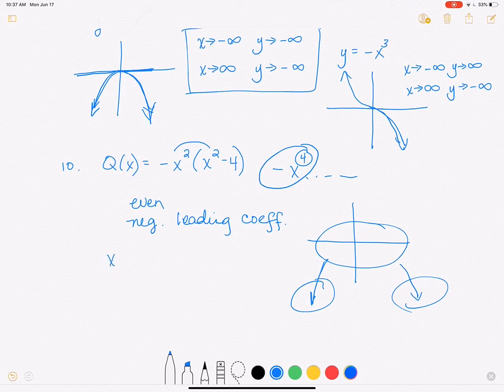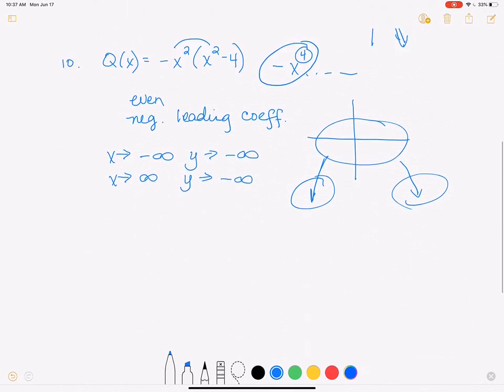As x goes to negative infinity, y is going to negative infinity. As x goes to positive infinity, y is going to negative infinity. I knew that based on the degree being even and the leading coefficient being negative, so I knew this was opening down.